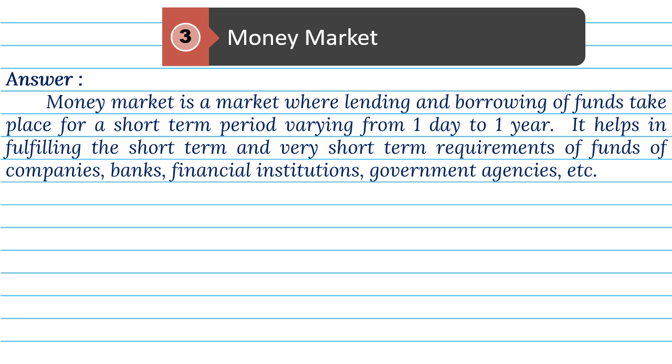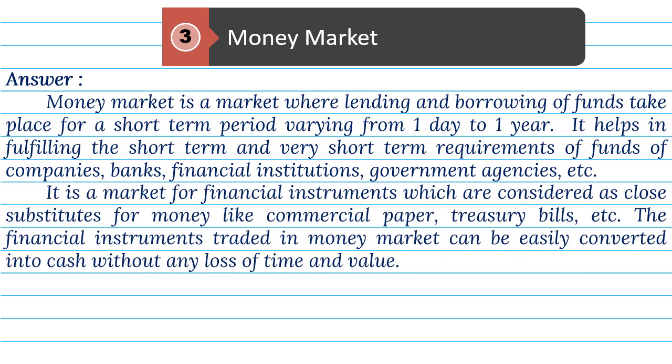It helps in fulfilling the short-term and very short-term requirements of funds of companies, banks, financial institutions, government agencies, etc. It is a market for financial instruments, which are considered as close substitutes for money, like commercial paper, Treasury Bills, etc. The financial instruments traded in money market can be easily converted into cash without any loss of time and value.